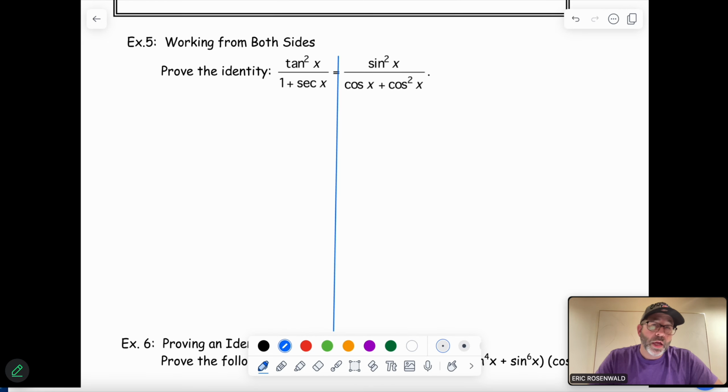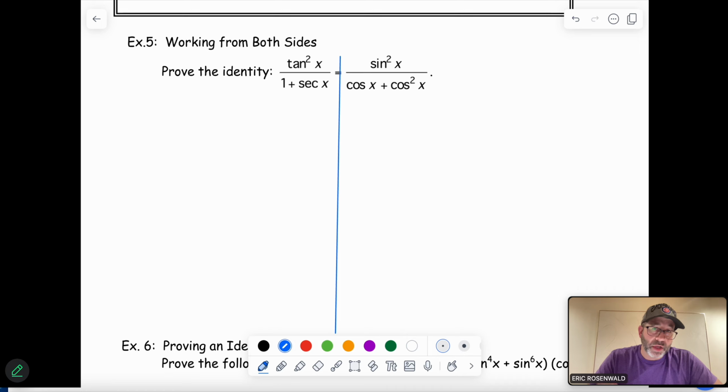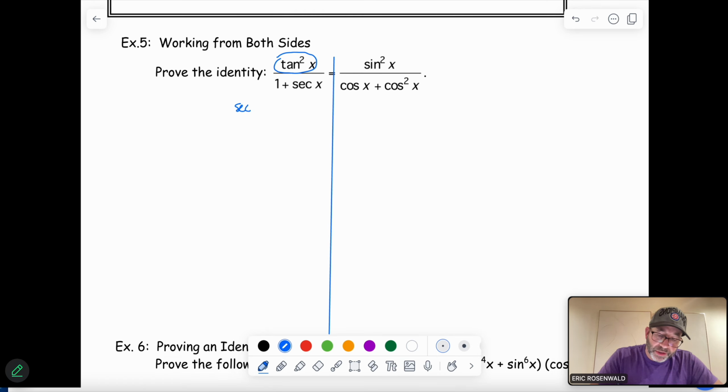So when we look at this, I'm going to go ahead and try the left-hand side first. We have an identity that says that tangent squared is equal to secant squared x minus 1. So I'm going to change this to secant squared x minus 1. And on the bottom, we have 1 plus secant of x.